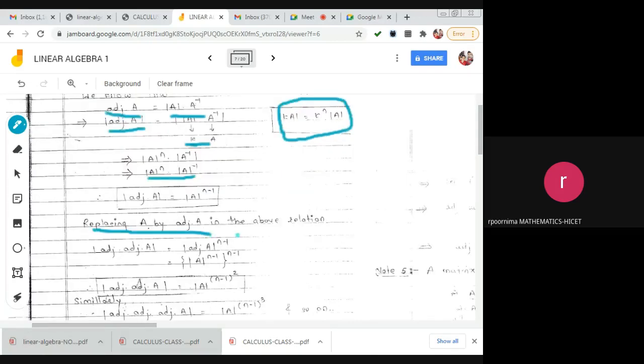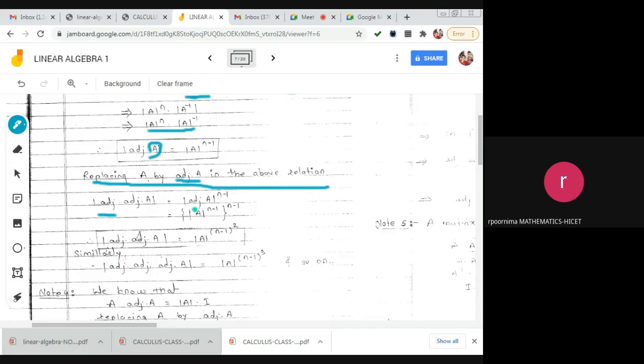Next, replacing A by adjoint of A in the above result, you will be getting adjoint of A, which is equal to adjoint of A to the power n minus 1. Okay. So this adjoint of A result we already know, no? That is determinant of A to the power n minus 1, to the power n minus 1.